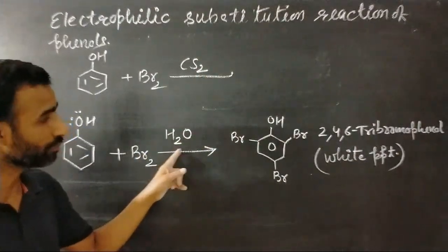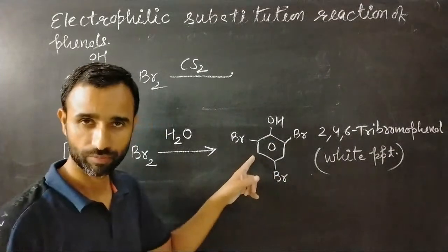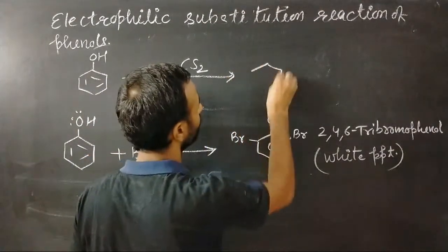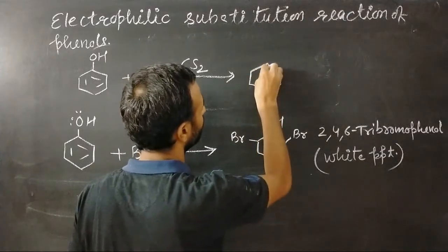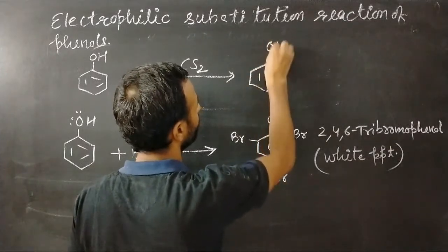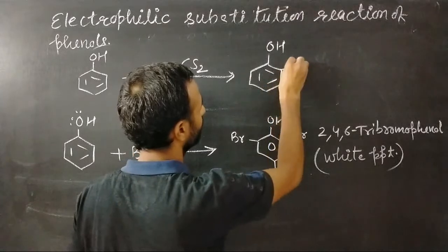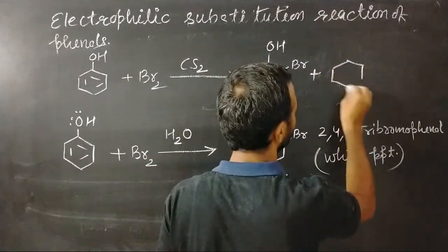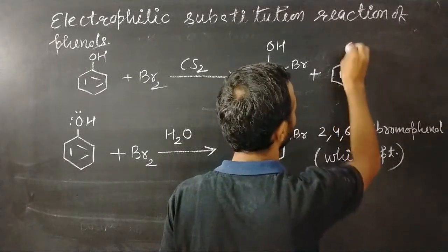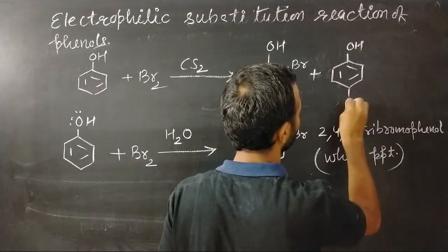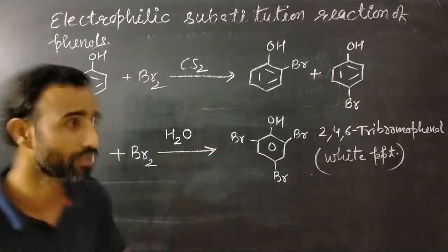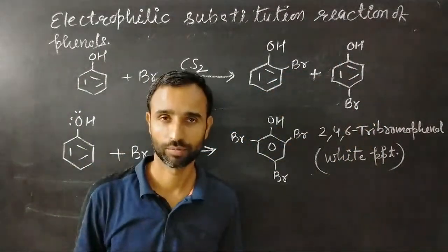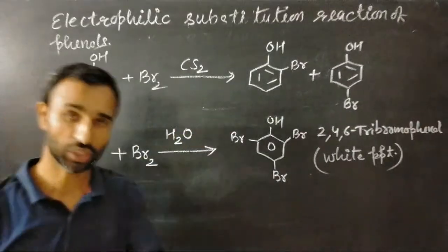In polar medium we get the tribromo product, and in case of non-polar medium we get 2-bromophenol and 4-bromophenol. Means monohalogenated products are formed. Okay? Now why is it so?